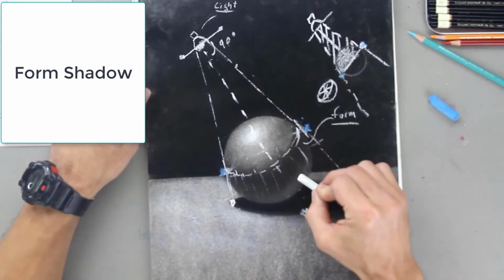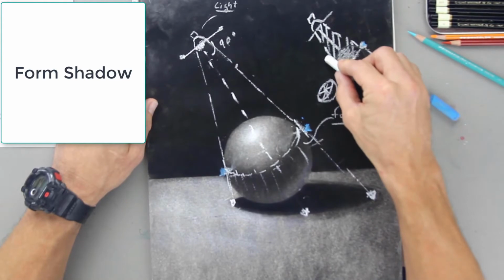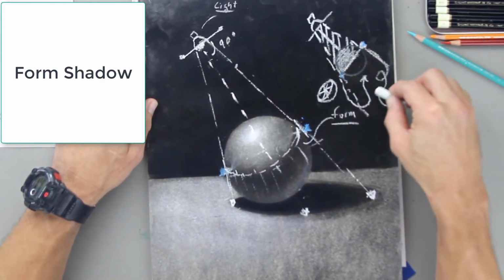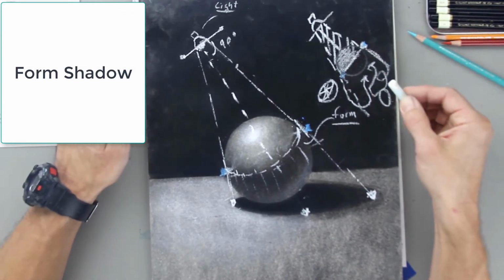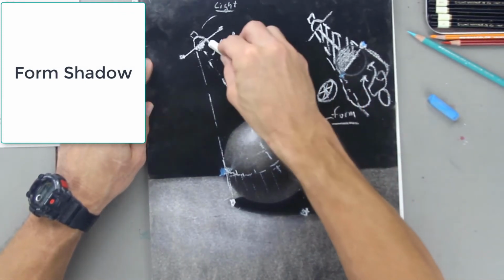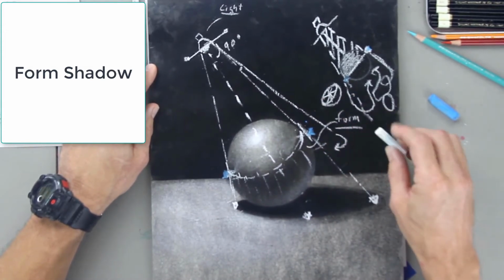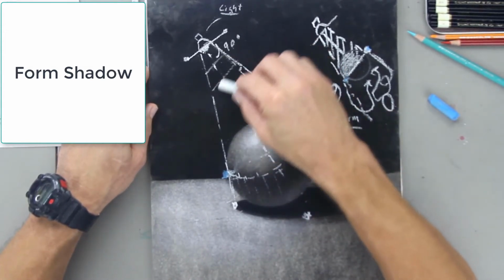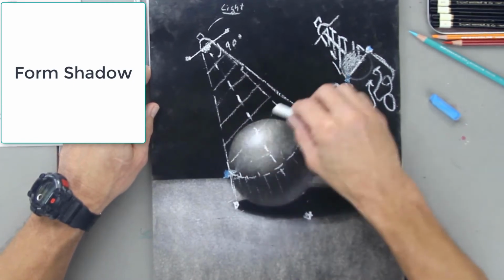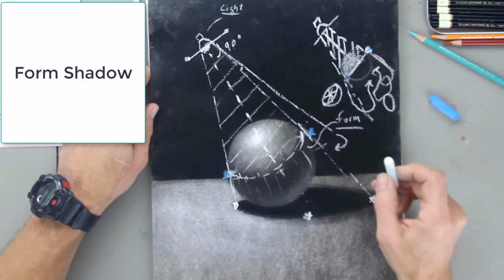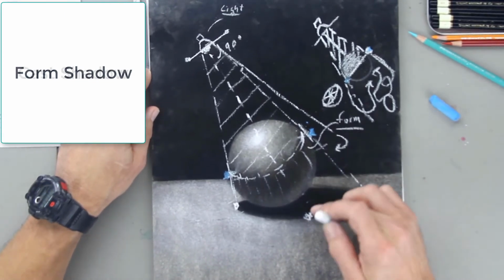The shadow is there because light cannot come and just turn around like so and illuminate the back of the sphere. Light travels in a straight line. It doesn't curve around. So once again, all of this area is in light and all this area is in dark because light can't bend to get to it.